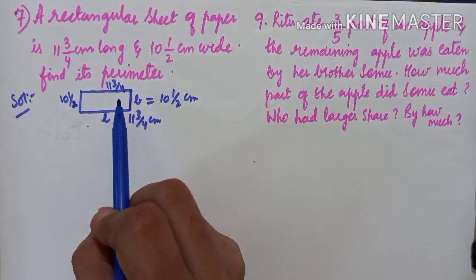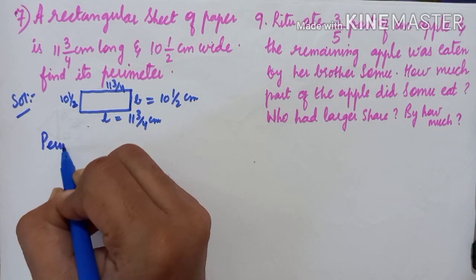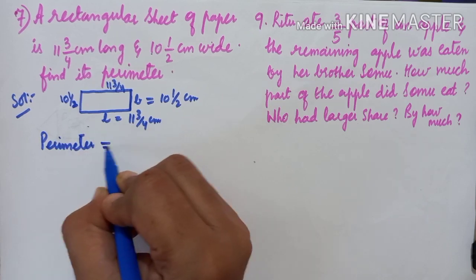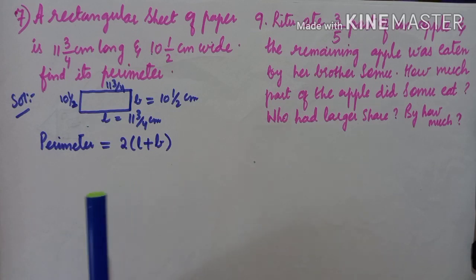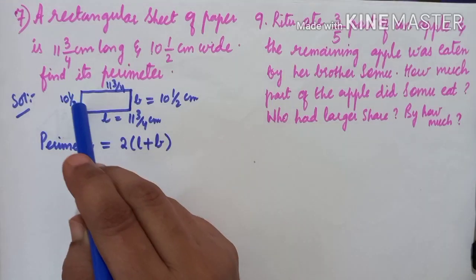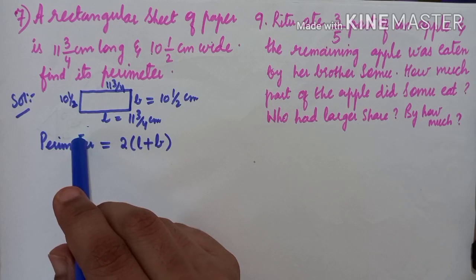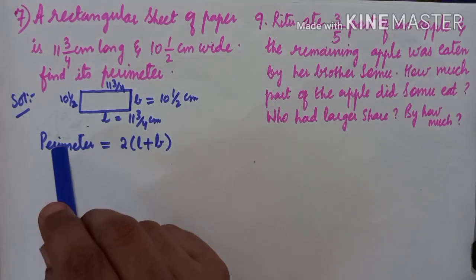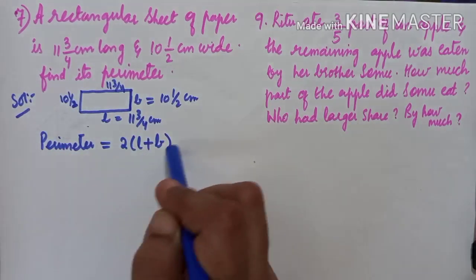But for a rectangle, you know the formula very well: perimeter of rectangle is 2 into L plus B. For other figures, if there is no formula, then you just have to add up all the sides, whether it's hexagon, pentagon, like that. So perimeter of this rectangle is 2 into L plus B. Either you can just add up all the sides, or else you can use the formula.